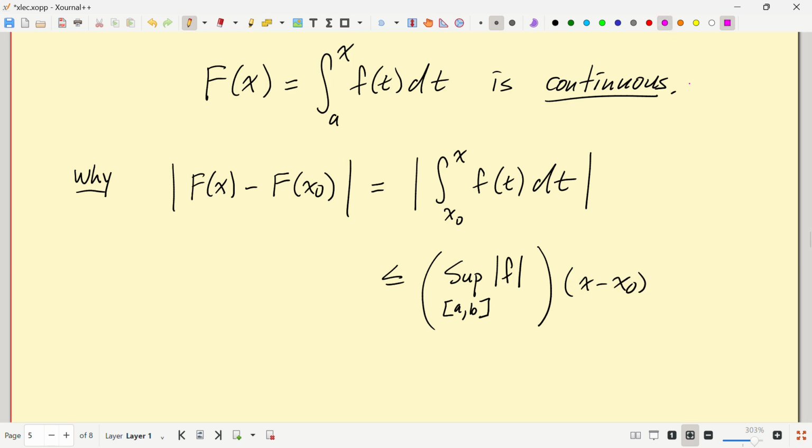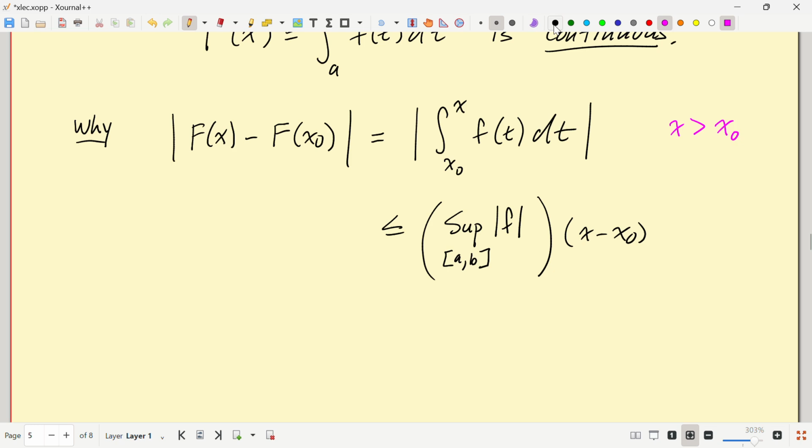So in this case, I'm taking x bigger than x naught. And so we get a Lipschitz estimate.